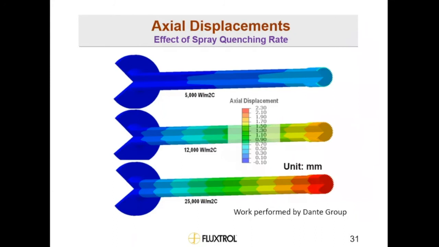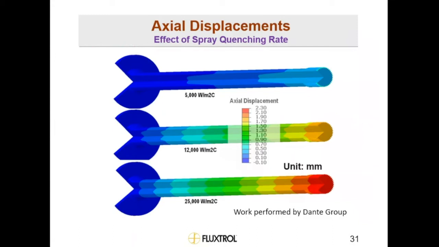Another thing is, with these additional stresses, we found out that the axial growth and radial growth of the axle depended on them, because the axle was actually moving more, which was really interesting.